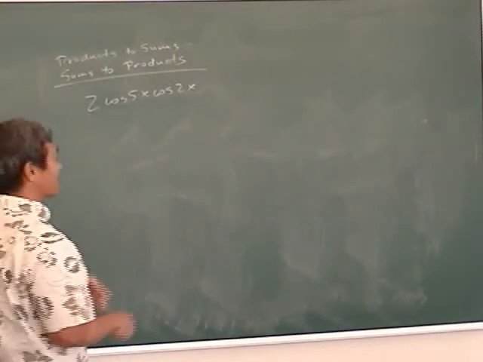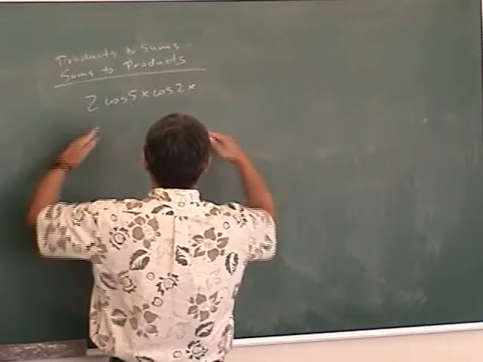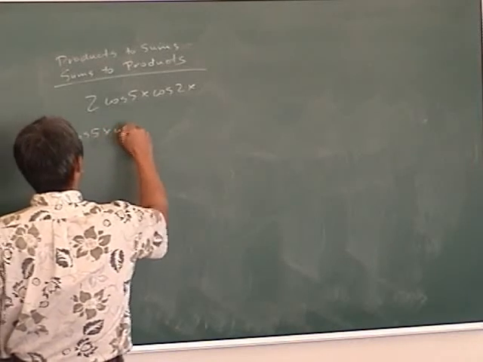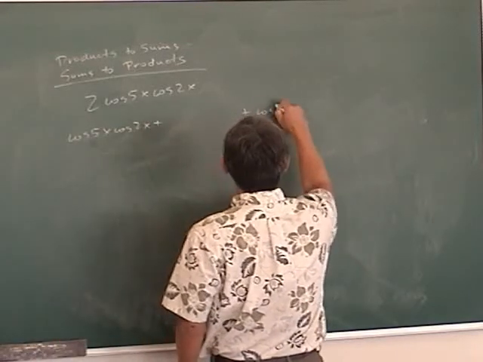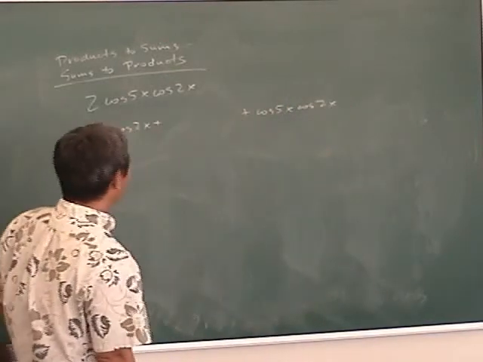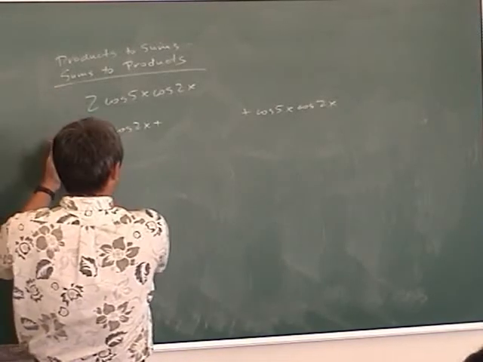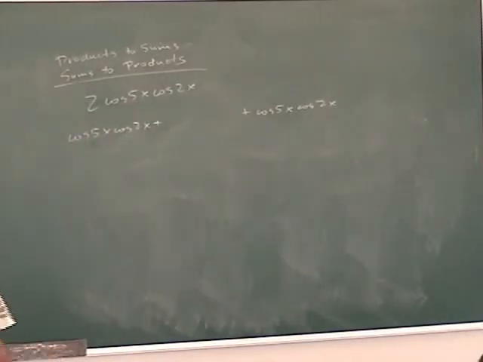But if you have a 2, the first step is to break it up into 2 pieces. If you have 2 iguanas, how do you divide it into 2? 1 iguana, leave a space, and 1 iguana. We're just basically going backwards. It doesn't matter how much you have here. If you have 5 here, then you go 2.5 iguana and 2.5 iguana. Just divide it into 2 equal ones.